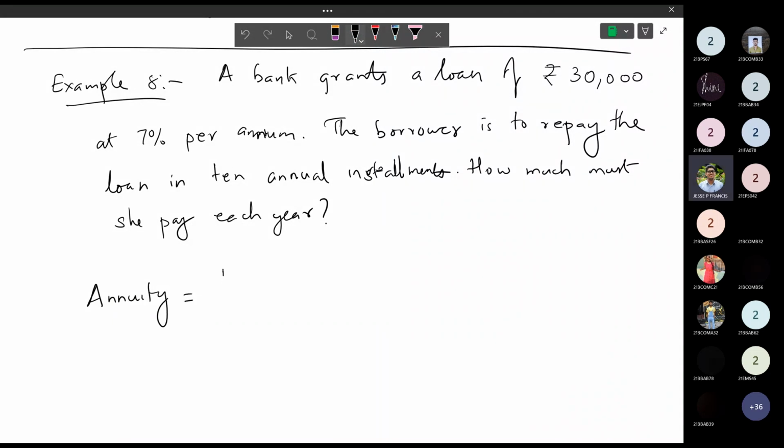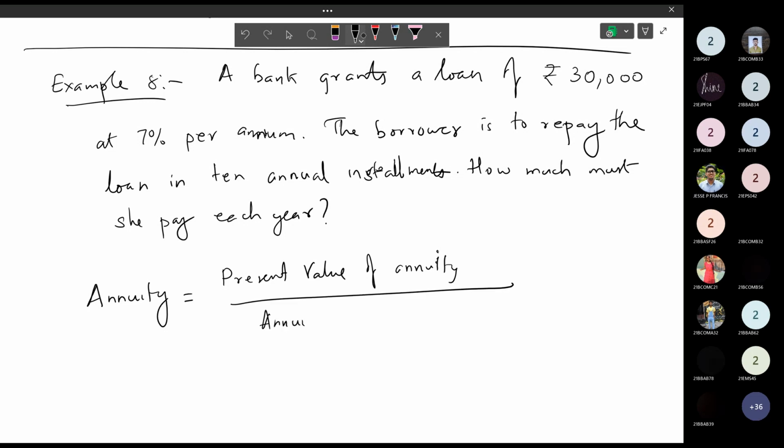Annuity is equal to present value of annuity divided by annuity factor.